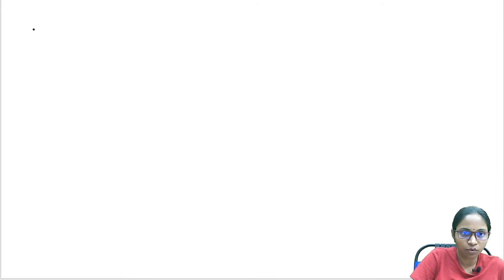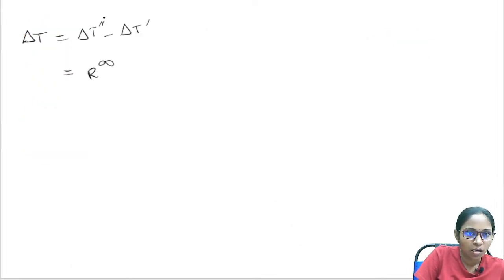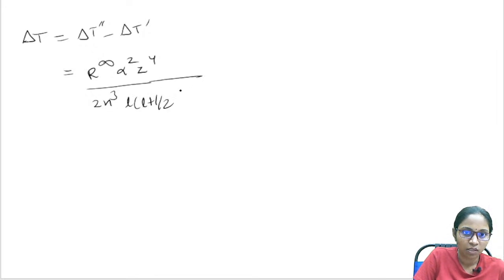If you find the difference between these two term values, delta T is equal to delta T double prime minus delta T prime. Delta T represents the term values. I am taking R infinity alpha square z power 4 by 2n cube common, into L plus 1 by 2 into L plus 1.